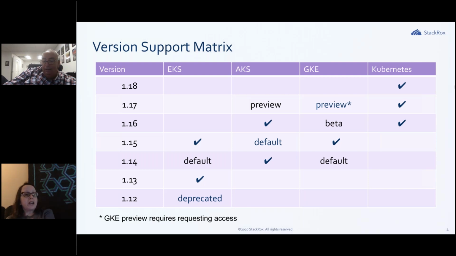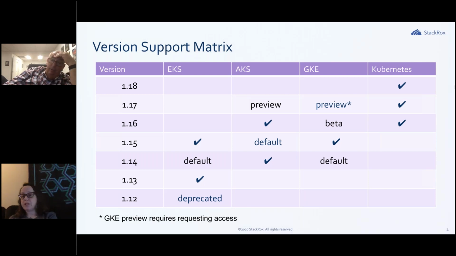So for one thing, I do know that most version changes are incremental, but 1.15 to 1.16 removes certain Kubernetes APIs. They were deprecated for a long time, and in 1.16 they were finally removed.